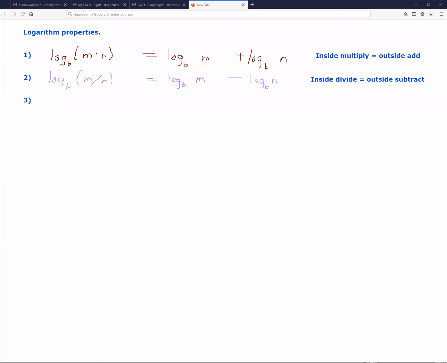They're a pair. If you understand the one, you should be able to understand the other. The third one is a little different, though. The third one says if you have some number to a power, that is the same thing as rewriting that same logarithm without the power, but then multiplying it by the power out front.